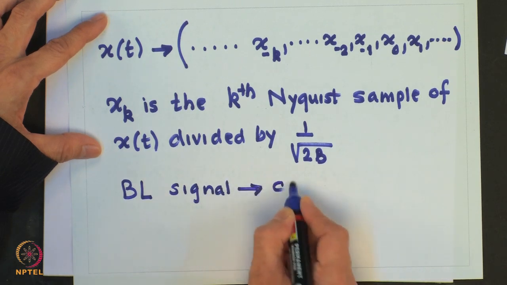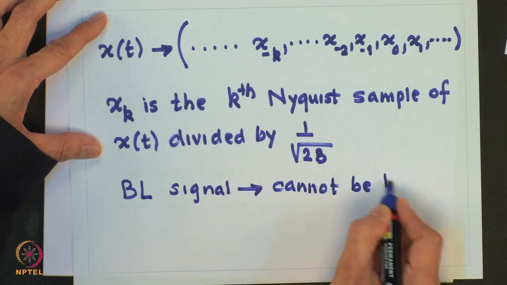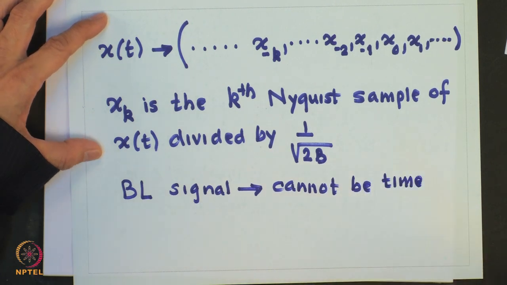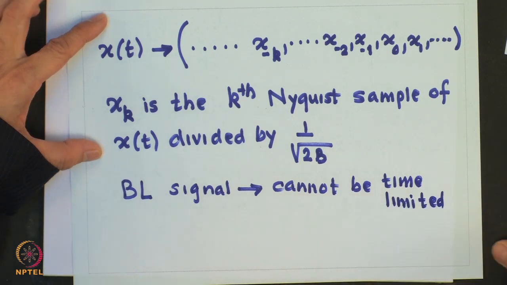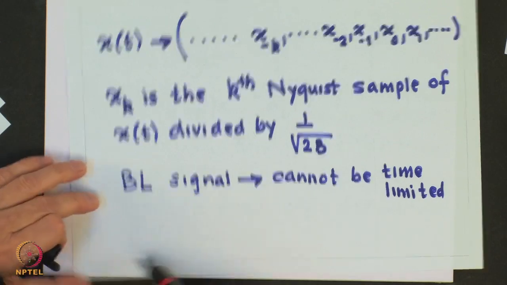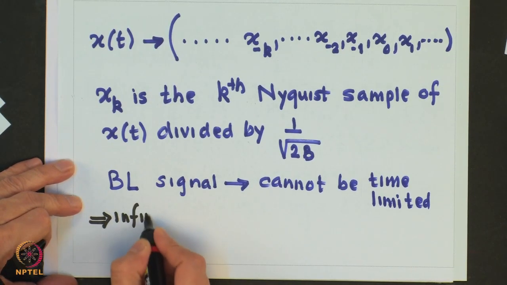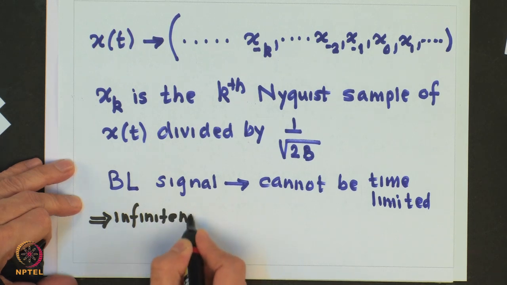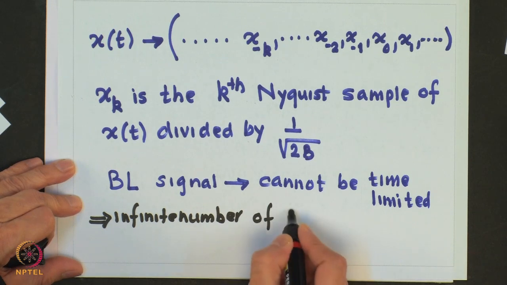Now, a band limited signal cannot be time limited. Therefore, this implies that you will have an infinite number of Nyquist samples.